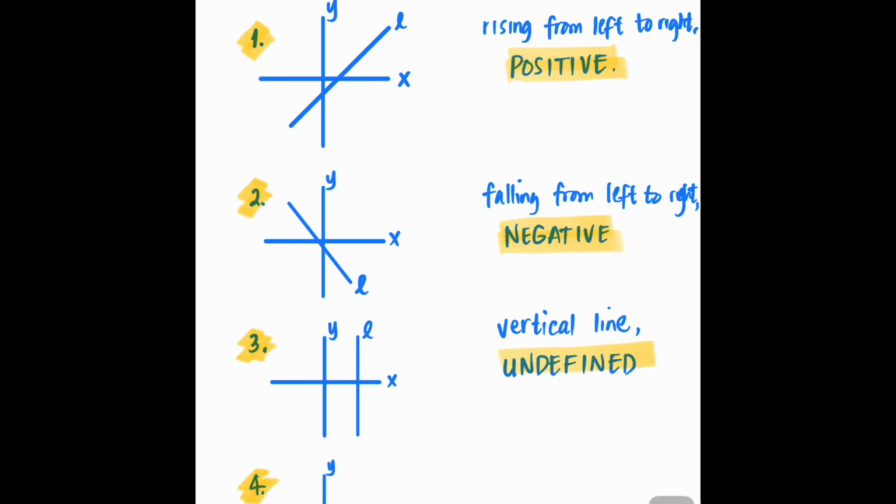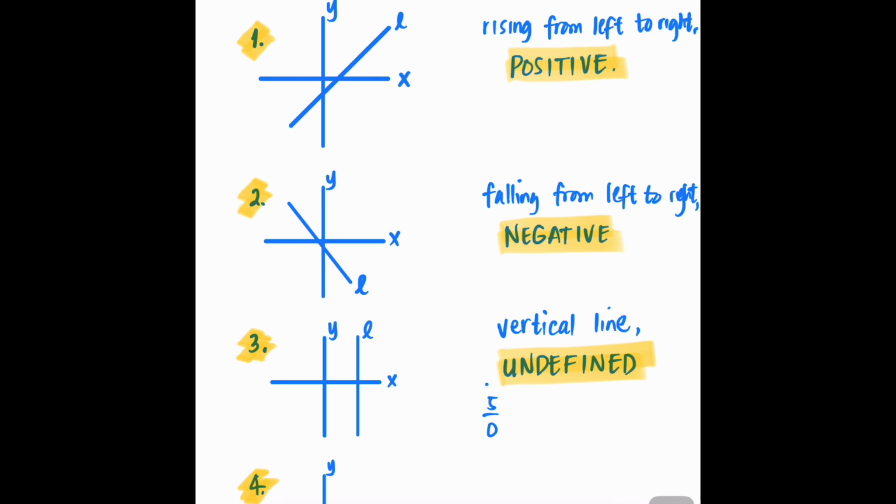So what do we mean by undefined in mathematics? This is a very popular word. Undefined means something is incalculable. So there's no definite value for this. For example, 5 divided by 0. Definitely the answer is undefined.